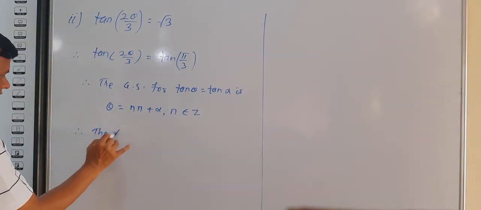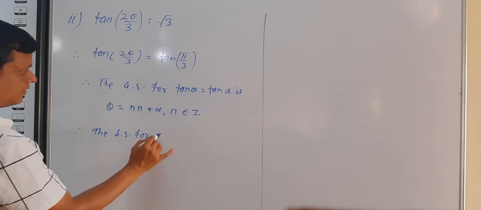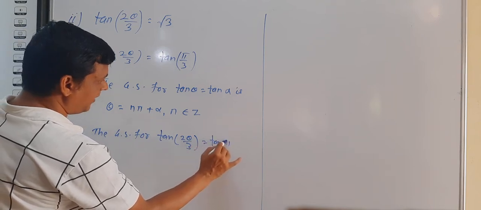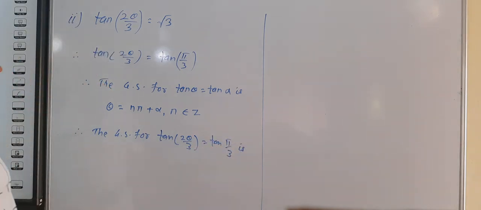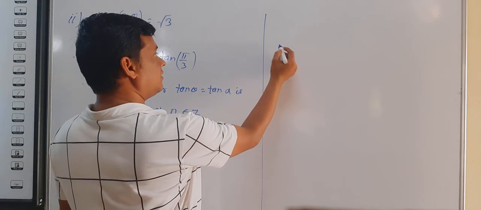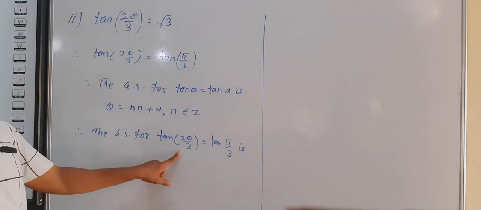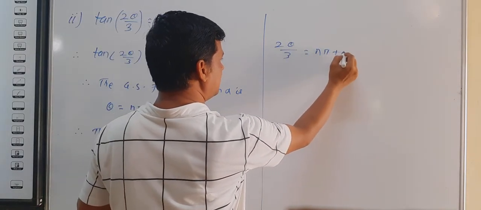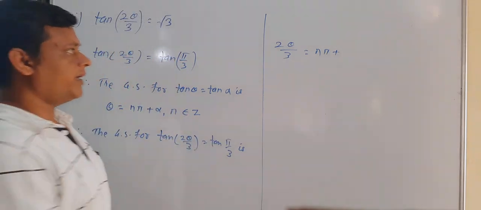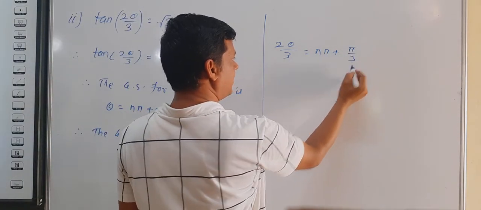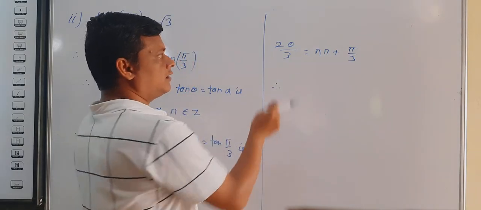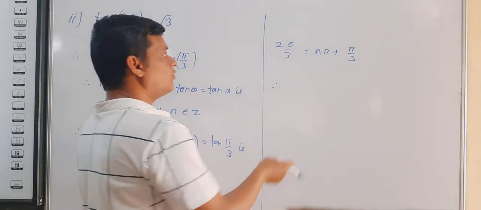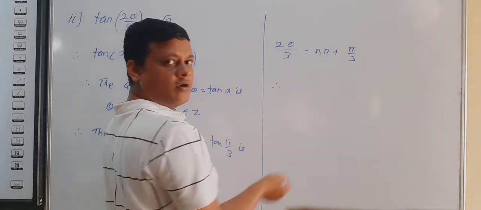Therefore the general solution for tan 2 theta by 3 equals tan pi by 3 is, right here in place of theta the value is 2 theta by 3. 2 theta by 3 is equal to n pi plus, in place of alpha the value is pi by 3. Therefore we have to reduce the left hand side to theta only. So we have to multiply by 3 by 2 on both sides.